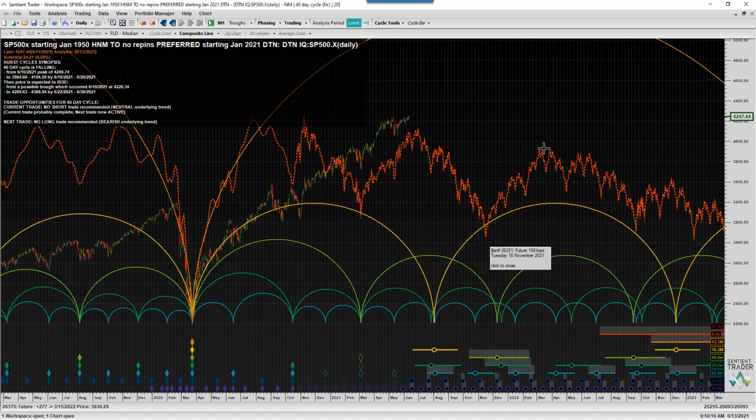And then a recovery that it suggests may not necessarily make any more new highs. So this no repins analysis of the S&P 500 starting in January of 1950 is suggesting we're really close to a major top in the markets.